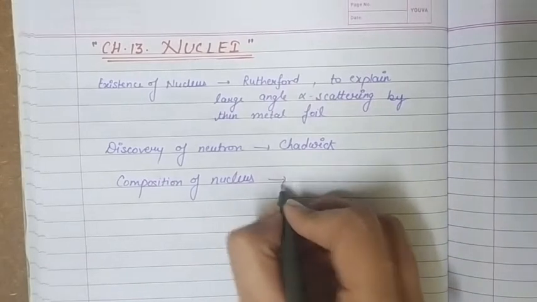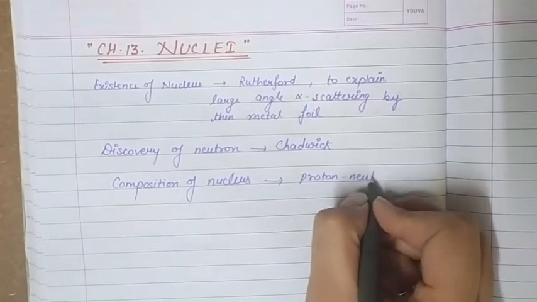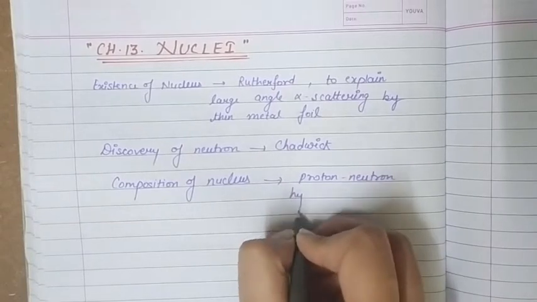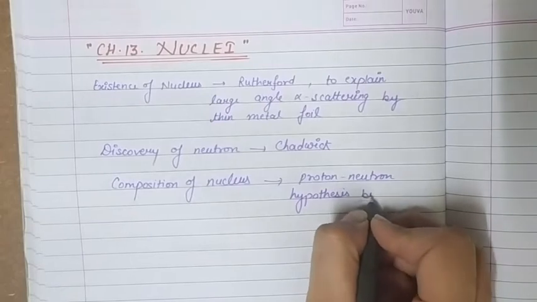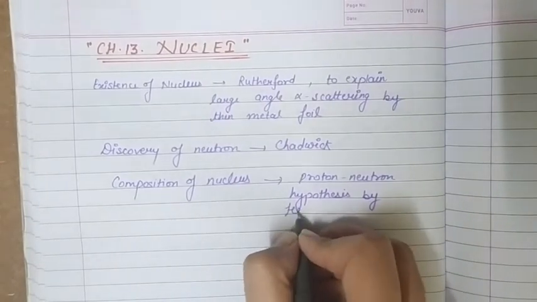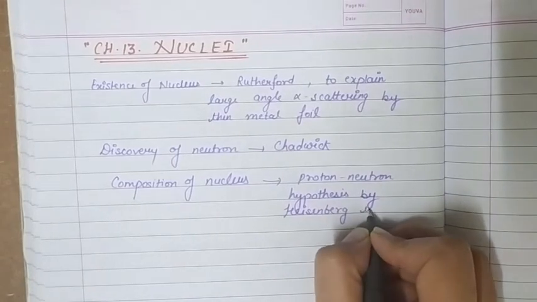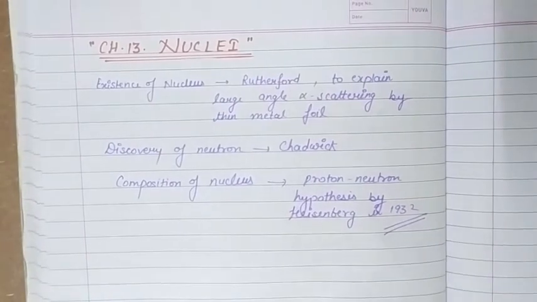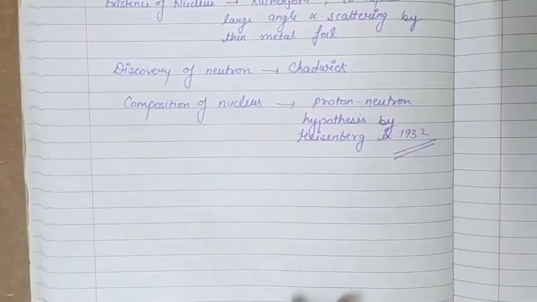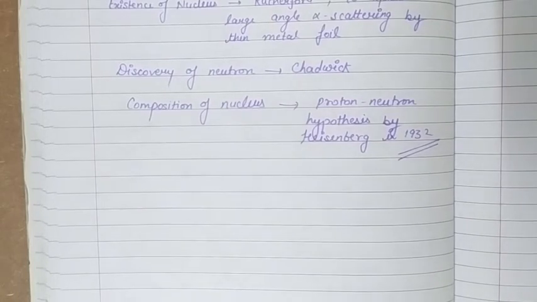So basically the composition of nucleus is based on the proton neutron hypothesis by Heisenberg in 1932. From this point in the year 1932, when the proton neutron hypothesis came into existence, we get the idea of composition of nucleus.